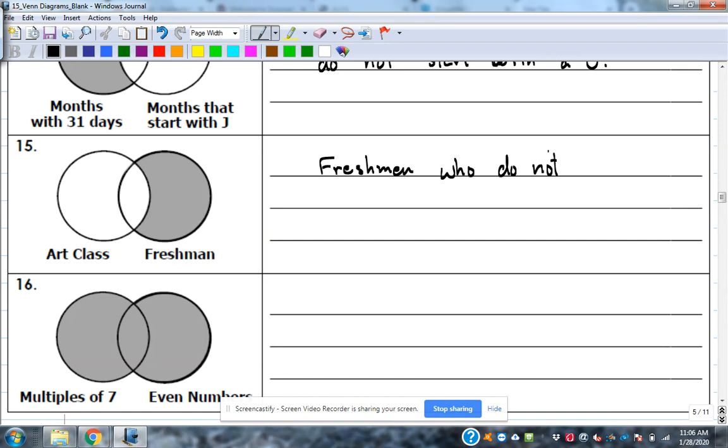I'm going to write out "do not" so we see the not in there. Take art. That's one way to say it. You could also say students who are freshmen and do not take art class, but it's saying the same thing essentially. So you could use the word "and" in there if you want.